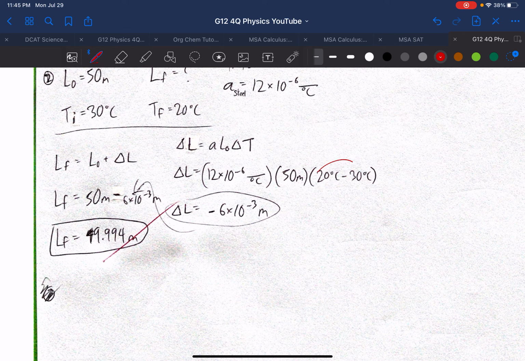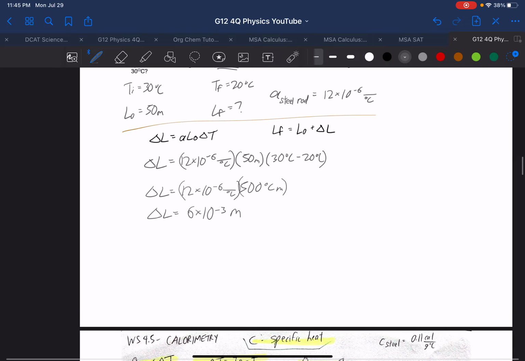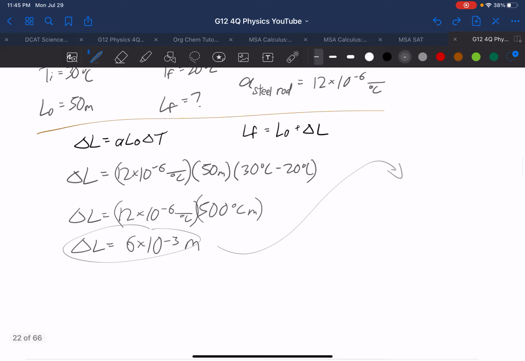What I did here was Tf minus Ti, not T high minus T low. Either way, this cannot be a negative variable. It wouldn't make sense.